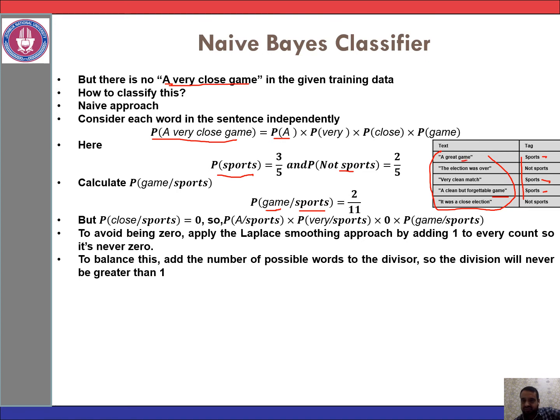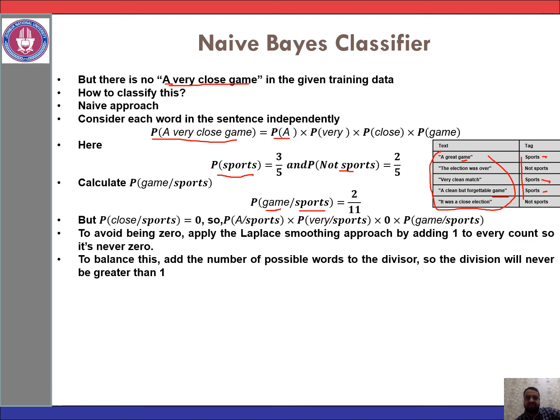So one is this one, and the second one is, game is not included here, so it is present here. Now the total number of repetitions of game is 2, and the total number of words under the sports tag is 11. So we can say that the probability of game given sports is equal to 2 divided by 11.